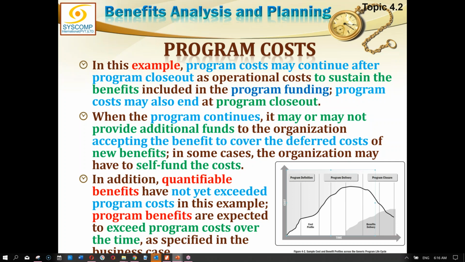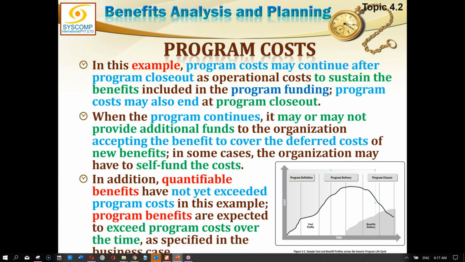Yes, you see the graph has come down to a level where we can transition these benefits to the performing organization, or the organization taking over, and from there onwards, for the sustainment of the benefit, we will give them a sustainment plan, how to sustain these benefits, and what all will be their operational expenses, and they can continue from there onwards. This is one possibility according to the diagram which has been shown to you.